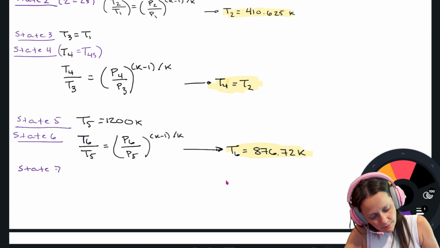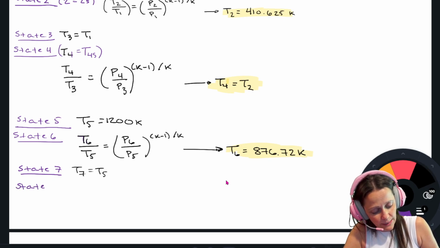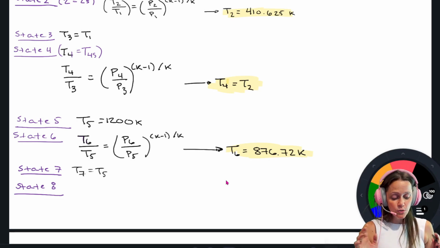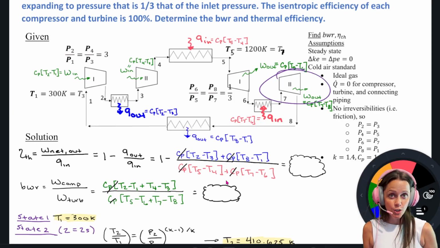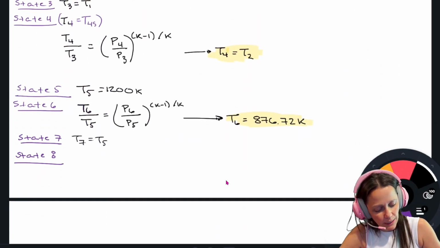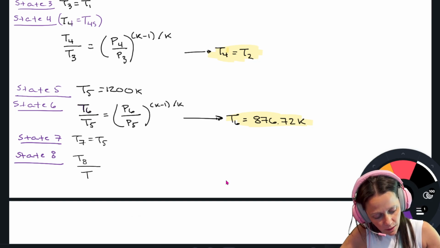State 7 is given to us because T7 and T5 are the same. And amazingly enough, it is the exact same. State 8 is coming out of that second turbine, which operates isentropically. It's the same operating conditions, the same inlet conditions as that first turbine.